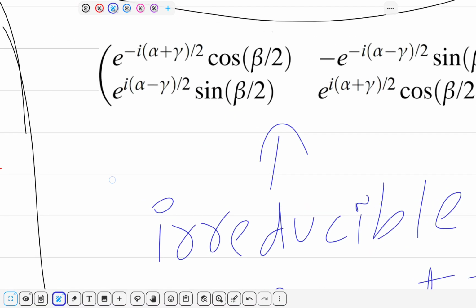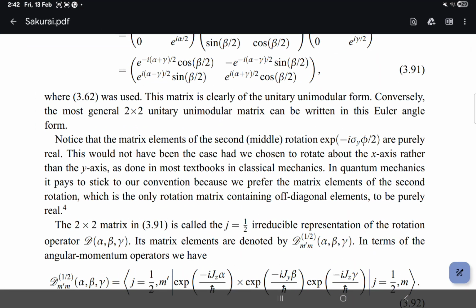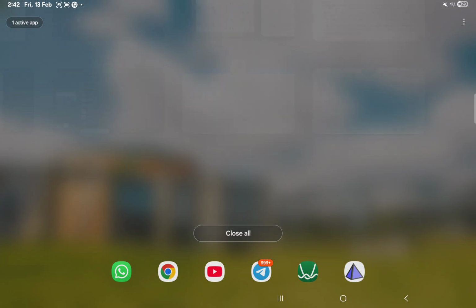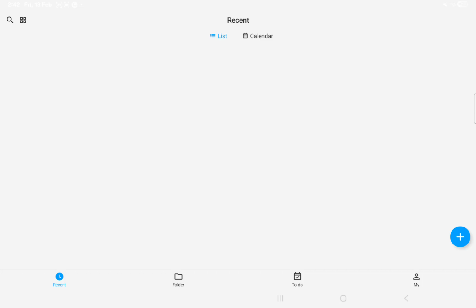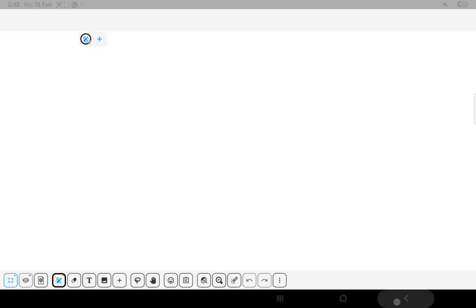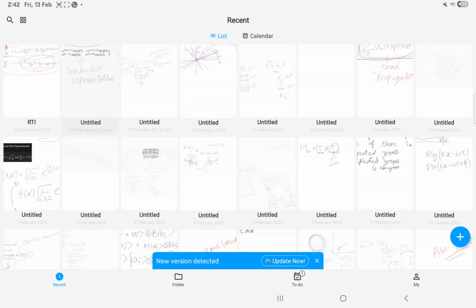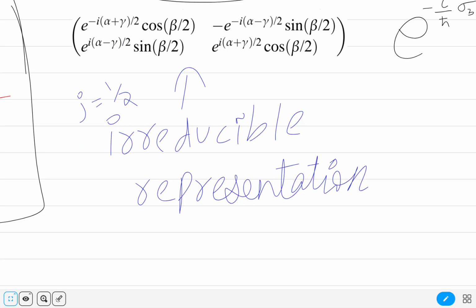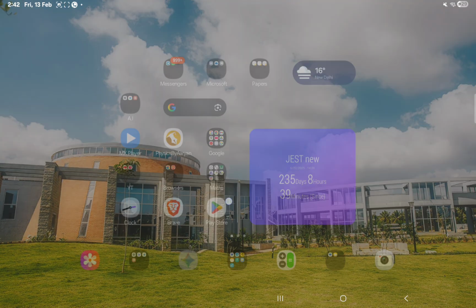In J half, we have irreducible representations for different J's, and this matrix is denoted by. Oh no, no problem. Let me go back. I have to find the book again.